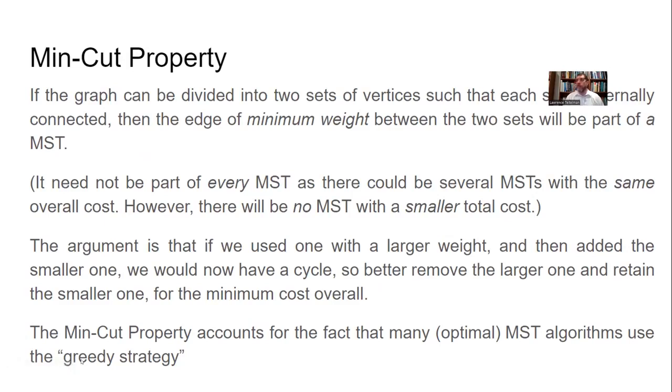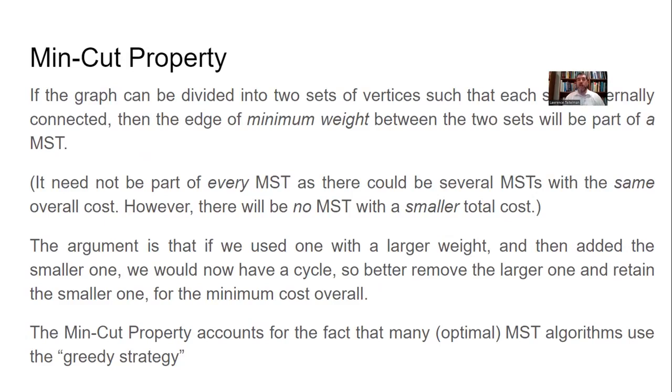So if I have two edges between, let's say, one set of vertices on the left, another set on the right, which one do you think I should choose? Keep the smaller one? I use the smaller one. That's correct. The argument is because if I used a bigger one and I put a smaller one in also, I now have a cycle. So obviously that's overkill.